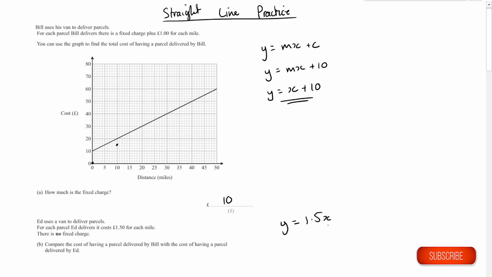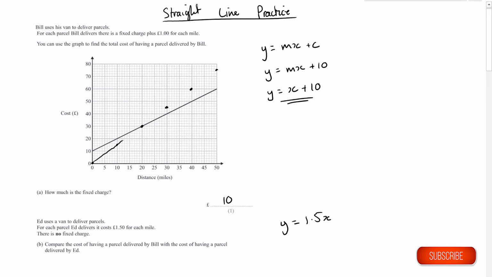Then if we had 20, we'd be doubling that, so we'd be looking at £30. Then if we had 30, we'd be tripling that, so we'd be looking at £45. So we find 30 and 45. And then 40, we'd be quadrupling it, so we'd get 60. And you can see every time we add 10, we're actually going up by 15. So this is going to be 75 there.